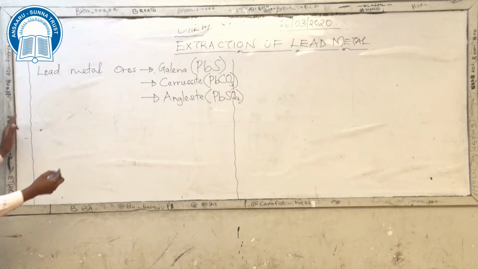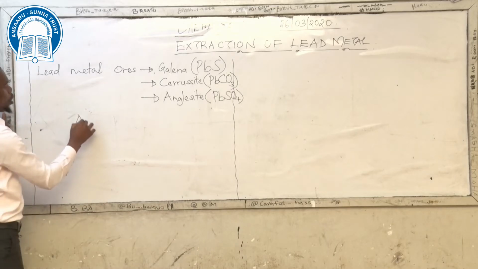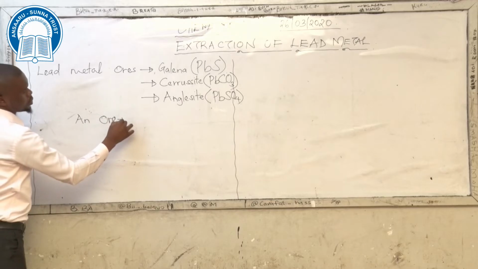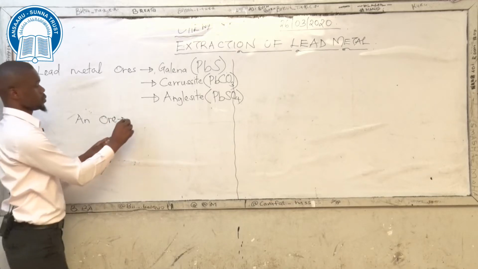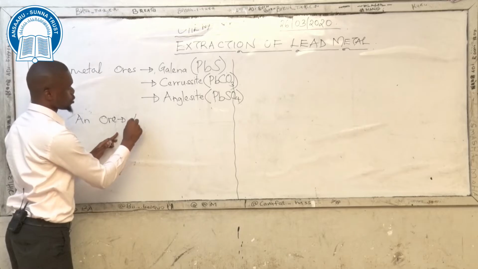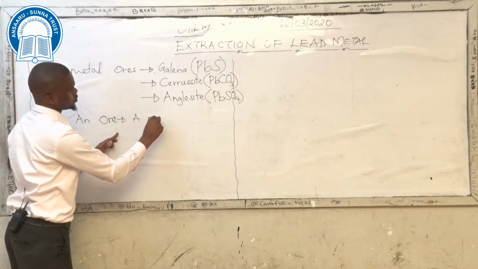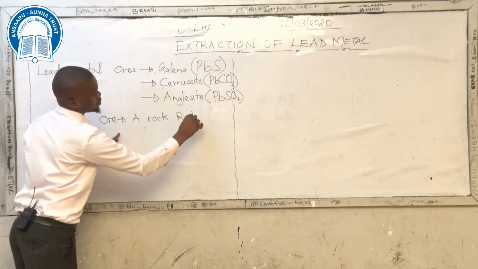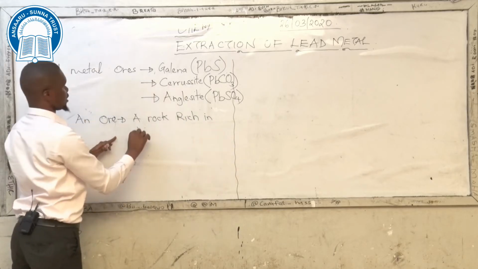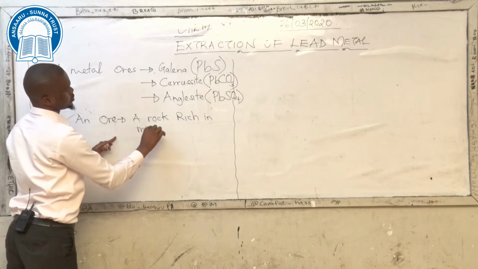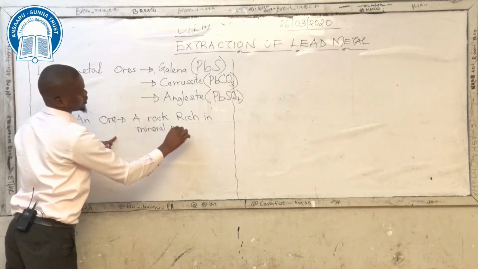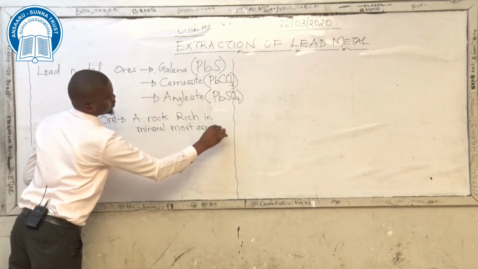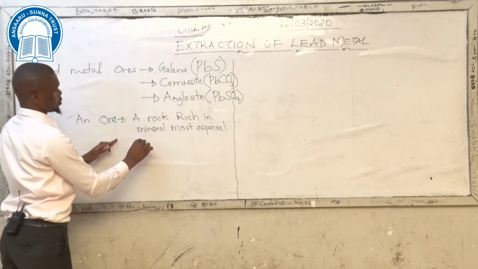You may be wondering what I mean by ores. An ore is a rock rich in mineral, most especially a metal.